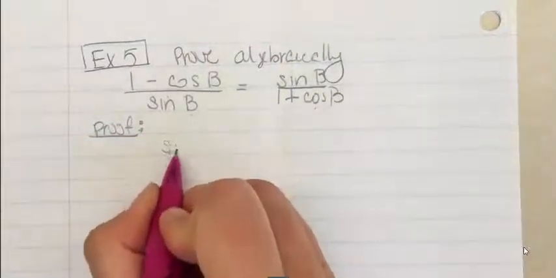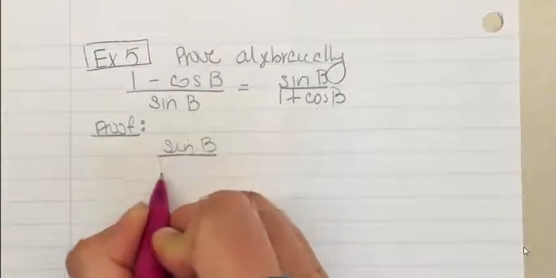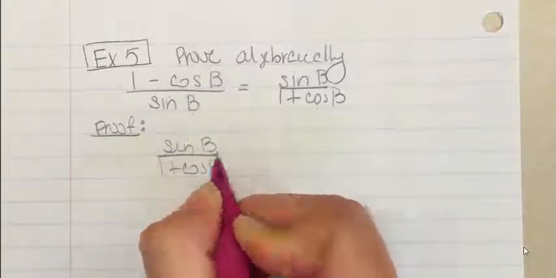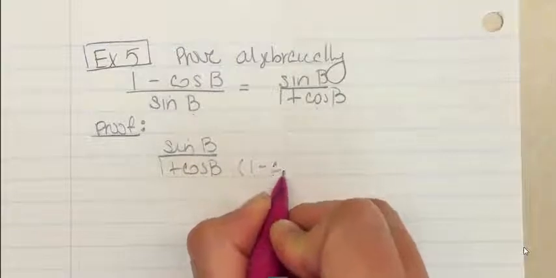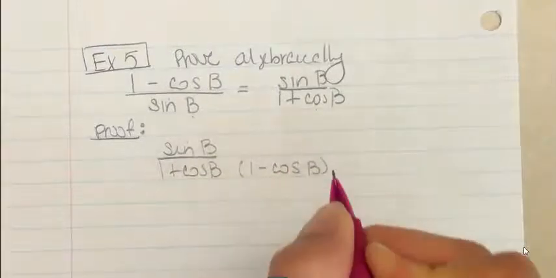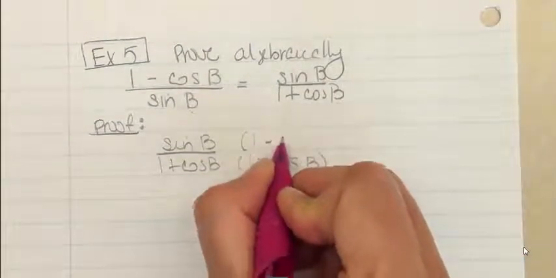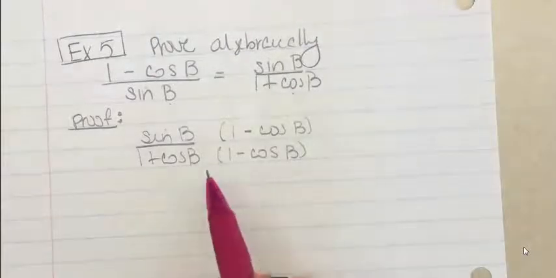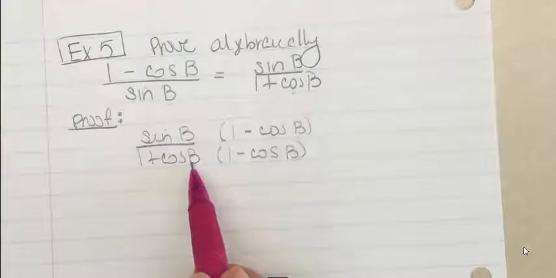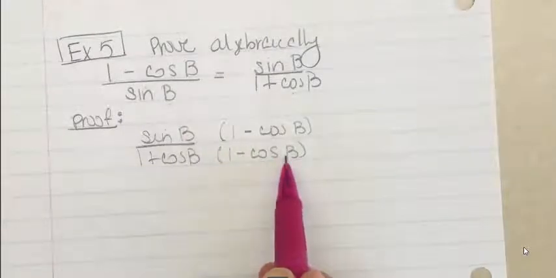Okay, so here's my proof. I'm going to start with sine b over 1 plus cosine b. And I'm going to multiply numerator and denominator by the conjugate of my denominator. So this is like a conjugate binomial. And when I do that, I'm going to end up with cosine squared b here.